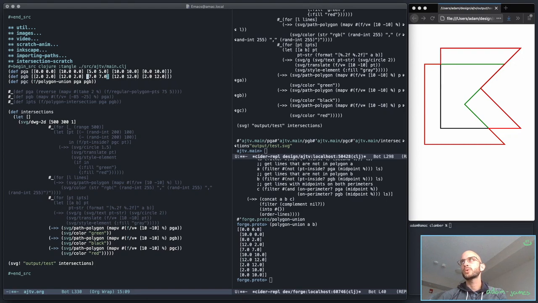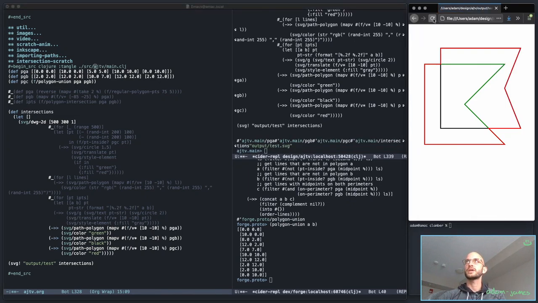I'm trying to think what points I should move to test this one. Let's just do a good old simple one here. If I move 7, 7 to 10, 7, should, yes, okay, so that's a nice simple situation where only 2 points are intersecting.